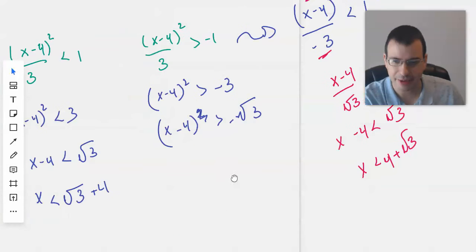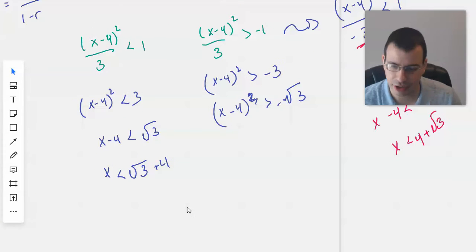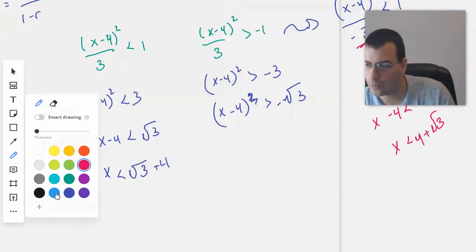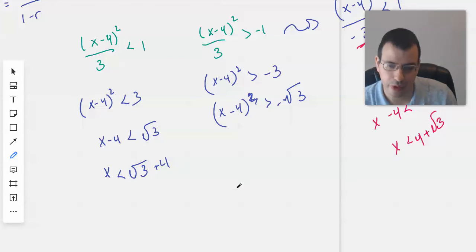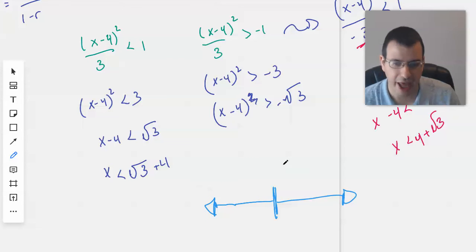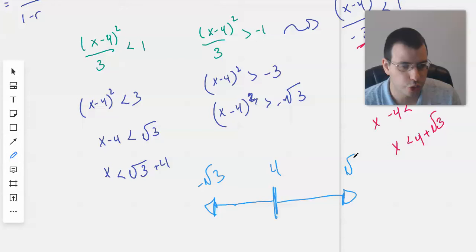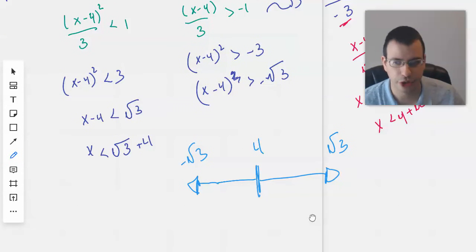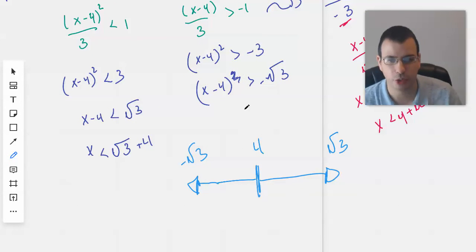And so what happens here is we get the range. What we're going to have is 4 plus or minus the square root of 3. So the idea here is x is greater than 4 minus the square root of 3 and less than 4 plus the square root of 3.